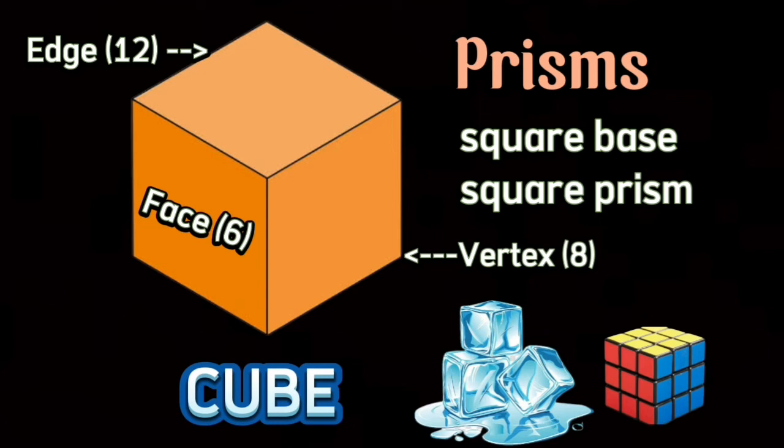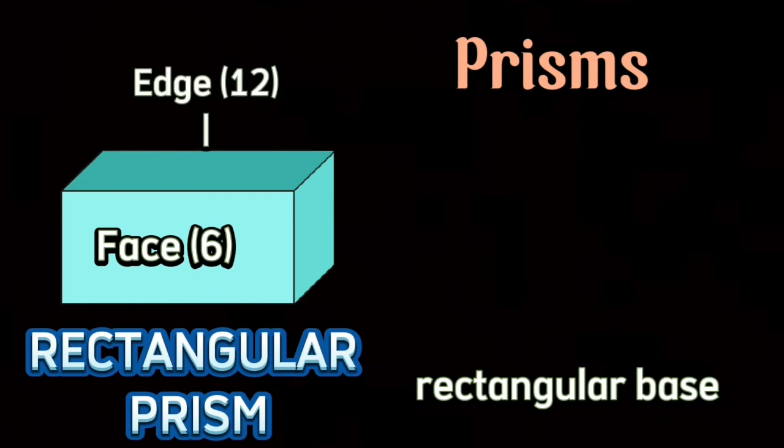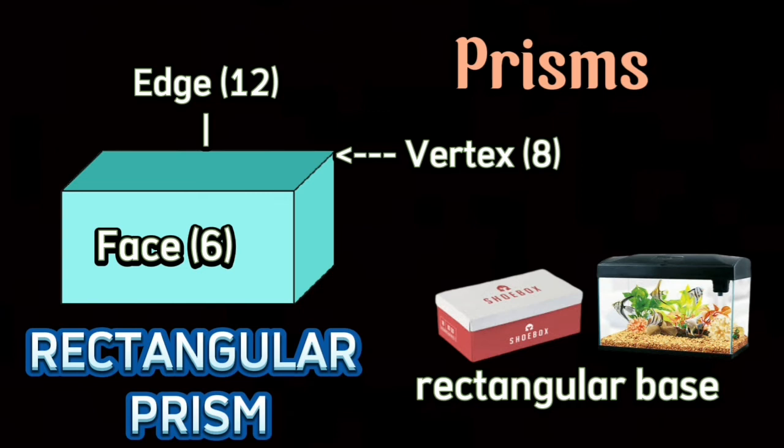Let's have another prism. A prism with rectangular base is called rectangular prism. Rectangular prism has 6 rectangular faces, 12 edges, and 8 vertices. Examples of these are a shoebox and an aquarium.